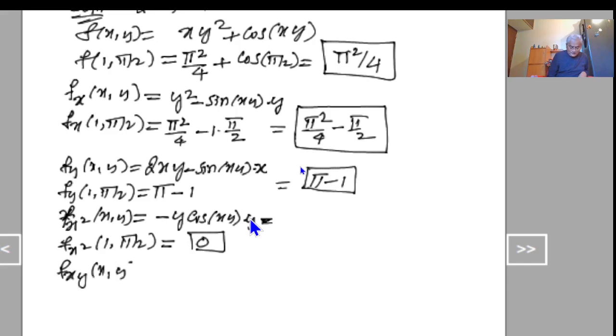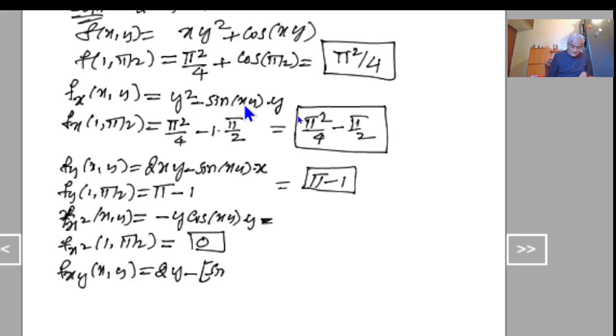Then what about fxy of x comma y? So here fx is here. If I differentiate this with respect to y, I will get fxy. So y square derivative is 2y, minus, we have two terms here, so we have to go for the product rule. First function, I will keep the minus sign outside here.